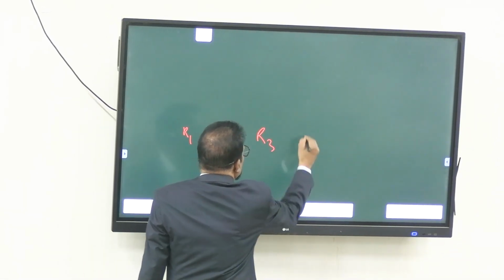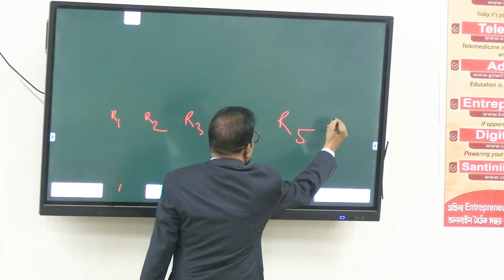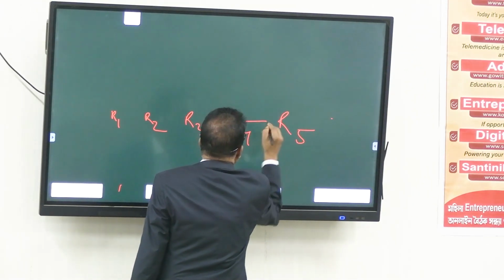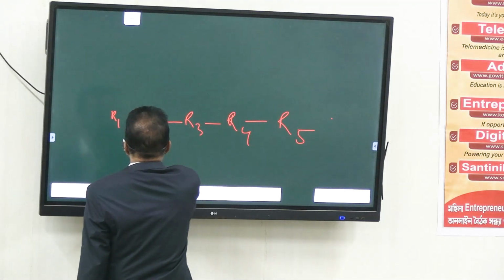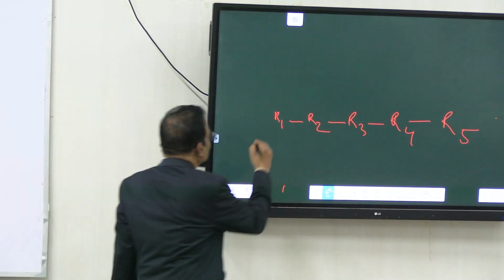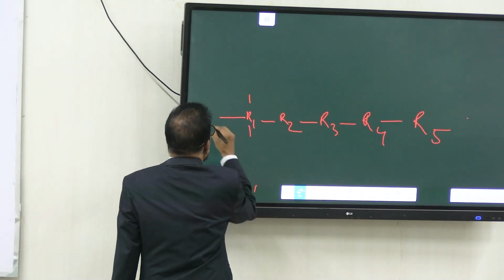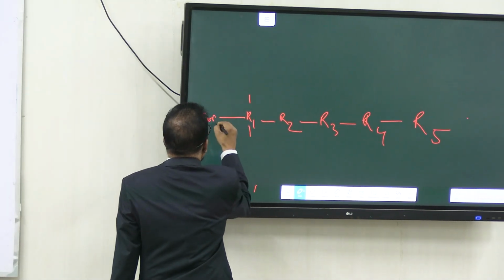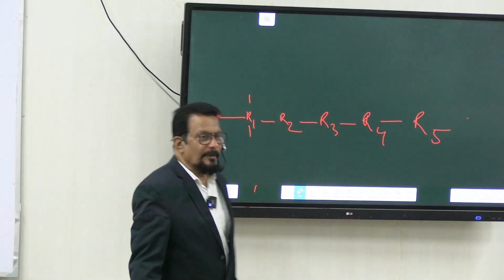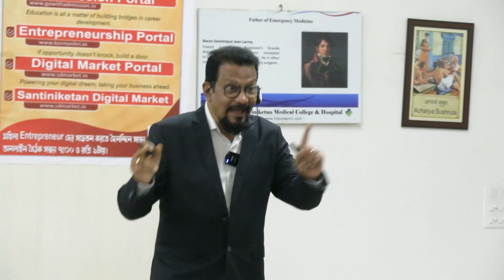Now you see carboxypeptidase. These are amino acids linked together by peptide bonds. All the amino acids have at least one carboxylic group and one amino group.